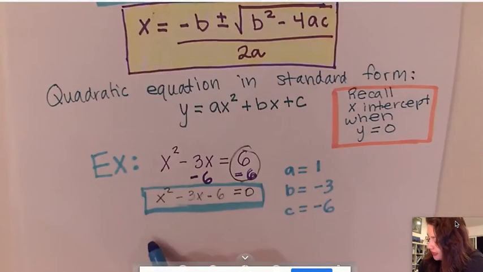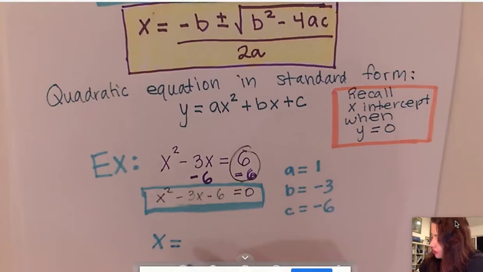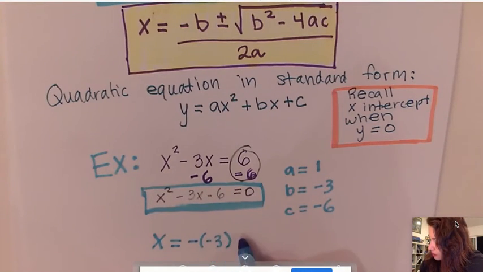So we're going to say x equals negative b. Well, our b is already negative, so if you have a negative negative, that would be positive. So we have 3. I will just substitute everything into the equation right now.